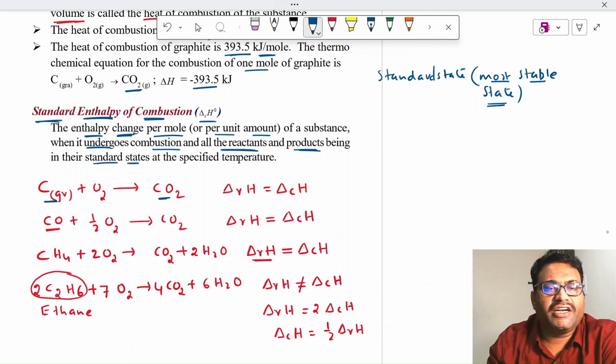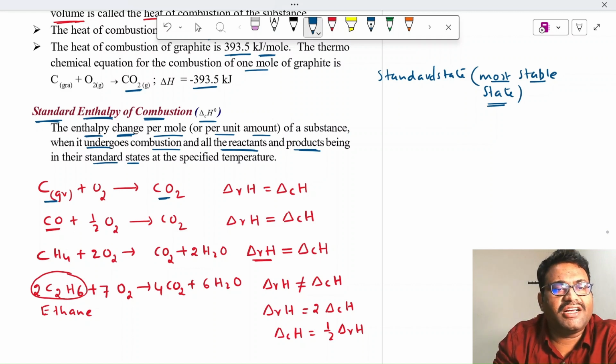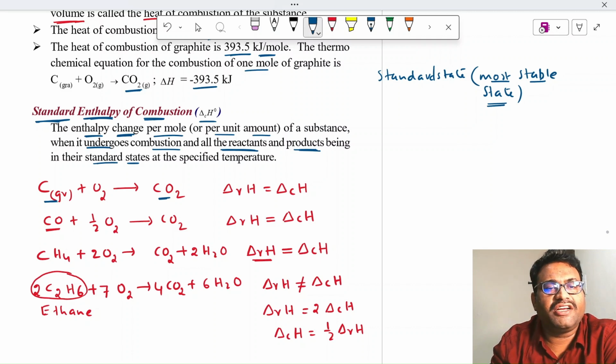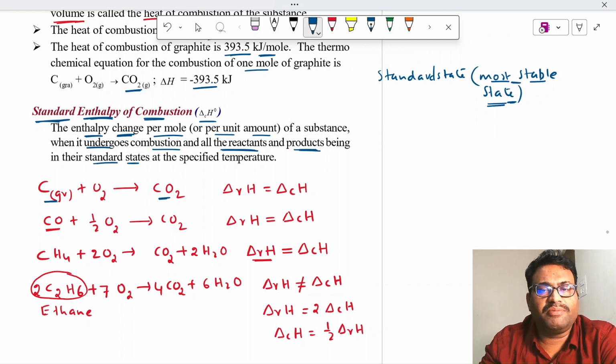So when the reactants and products are in their standard states, that is most stable states, in that situation we call it as standard enthalpy of combustion. When we are calling it as standard enthalpy of combustion, the reactants and products are in their standard state. What is meant by standard state? Most stable state. Okay. So that is about enthalpy of combustion.